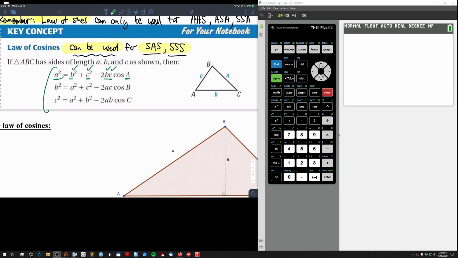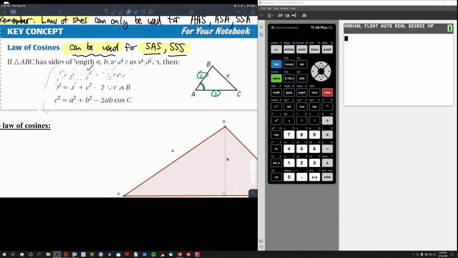Then for me to find A, I would need to know angle A. So notice this is two sides and this is an angle. So side, angle, side. And more specifically, B and C are the two sides that have A as the included angle. So it's always side, angle, side, and this is the included angle. So that should be pretty obvious.